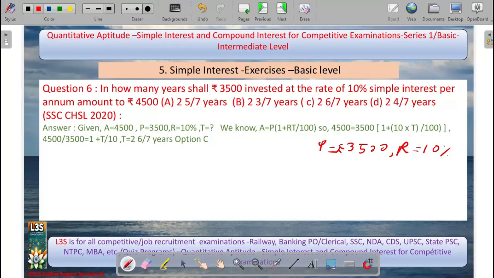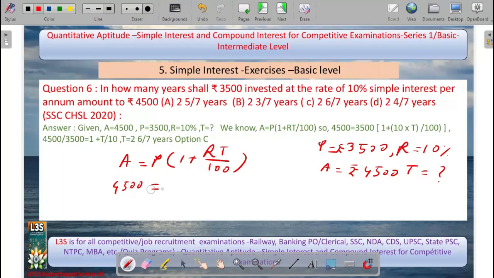So we have to find out in how many years, so we have to find out T, and they have given the amount has become 4,500. It is similar to the previous question. So again the same equation will come here. A is equal to P(1 plus RT by 100). So A is equal to 4,500 is equal to 3,500 times 1 plus R, which is 10, into T by 100.